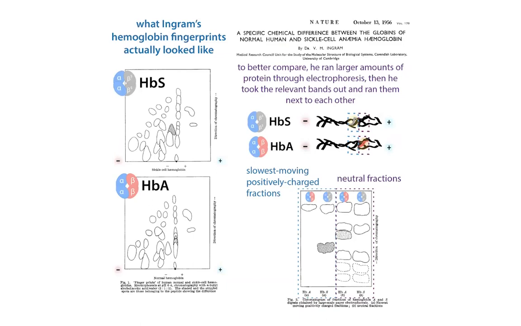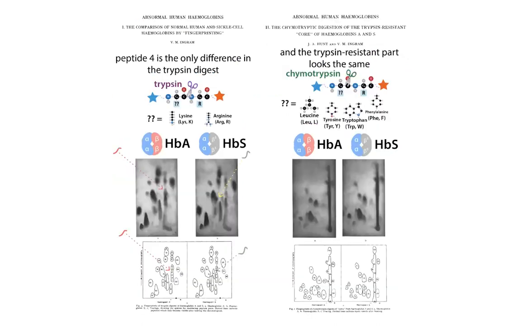When he did this, he found a difference in one of the spots, showing that there was a difference in the protein. But this wasn't enough, because he hadn't been able to analyze all of the protein. In that one portion that he could analyze, he only found one difference.